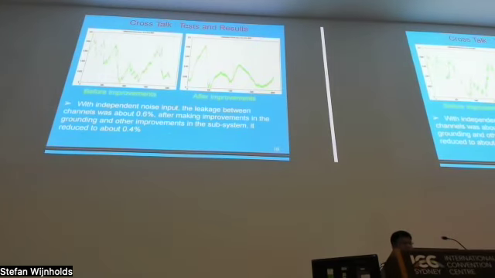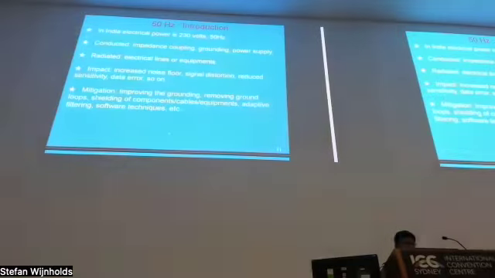In this also we can see it was around 0.6% earlier, and it has reduced to around 0.4% after making improvements like grounding, improving the cable spacing, removing the cable twists, and connectors also. With all these improvements, we get a marginal improvement in these two backends.